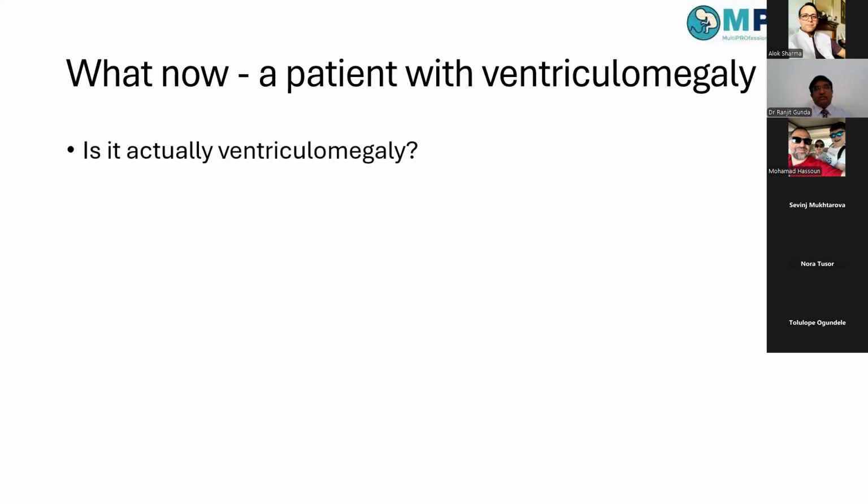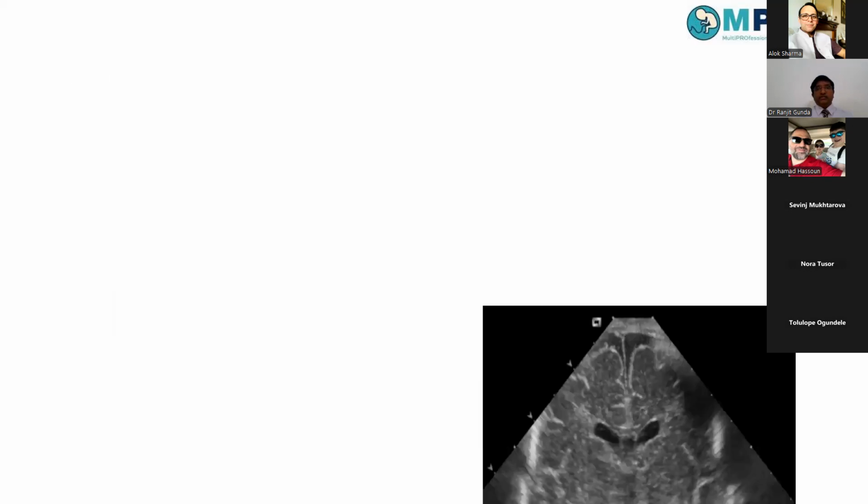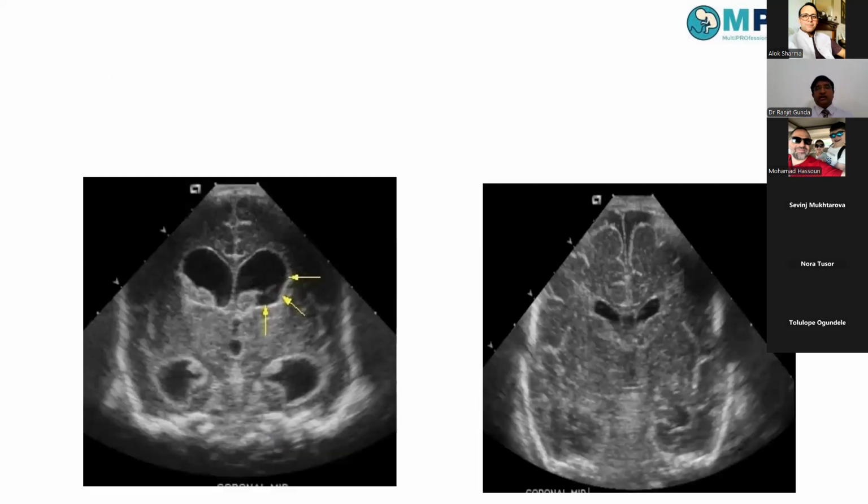So now we have sort of learned how to measure. We have a patient with ventriculomegaly. Then the question comes, is it actually ventriculomegaly or something else happening in the parenchyma that is causing it to look like ventriculomegaly or hydrocephalus? So we have two situations with ventriculomegaly, the slightly bigger ventricles here, and slightly enlarged ventricles here that might be the start of ventricular dilatation.